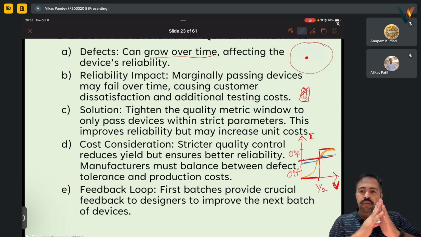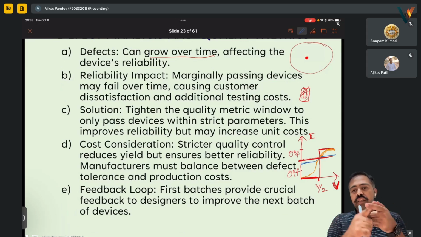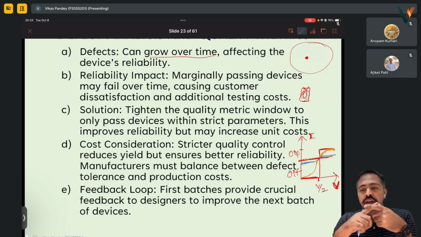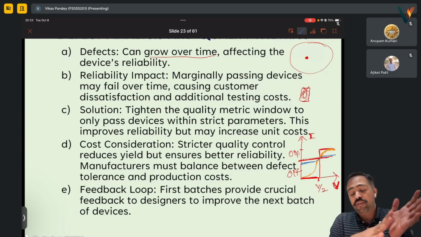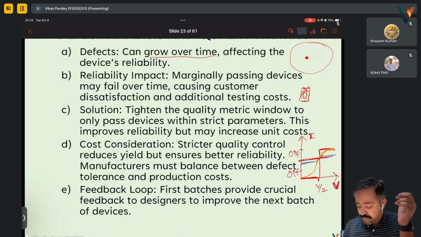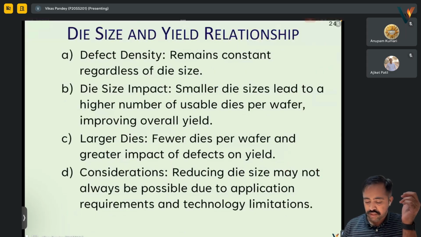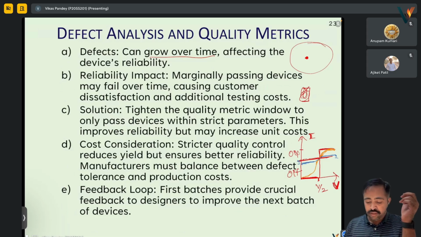Though it is fine, till this voltage it is off according to our rule, and after this voltage it is on according to our rule, but it is very marginally on and very marginally off while testing, and that will lead to some problems in future, and that will cause customer dissatisfaction.